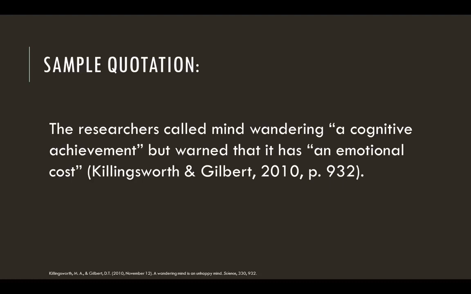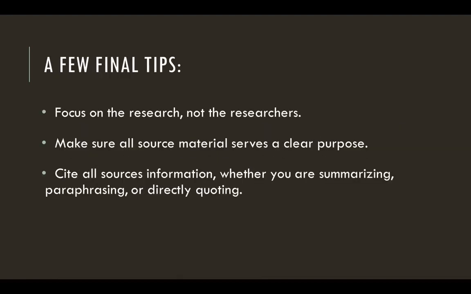The researchers called mind-wandering a "cognitive achievement," but warned that it has an "emotional cost." Notice that the citation in this sentence contains a page number. APA guidelines require you to include page numbers when you directly quote an outside source, but not when you summarize or paraphrase.